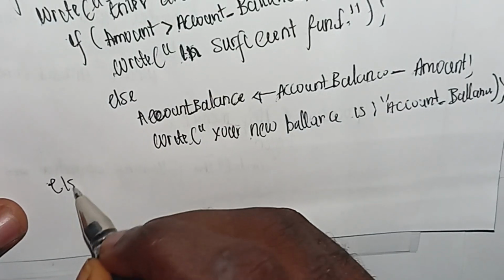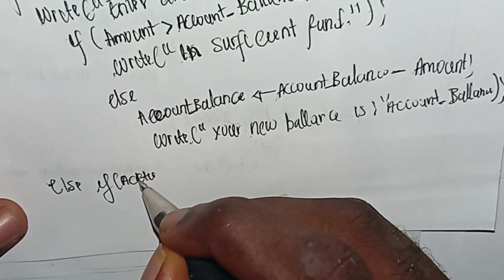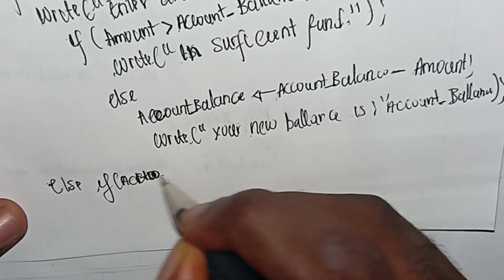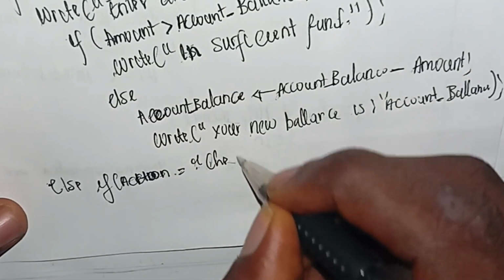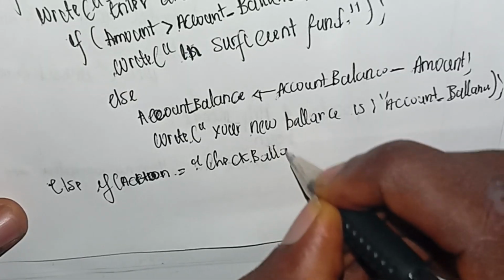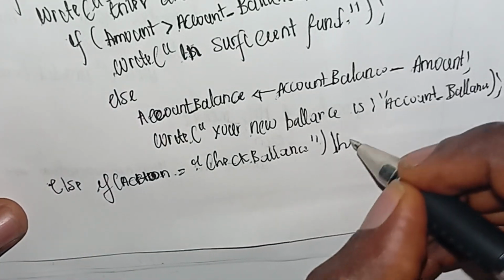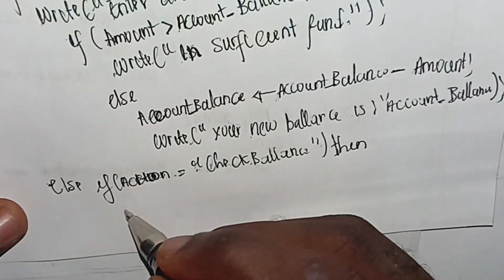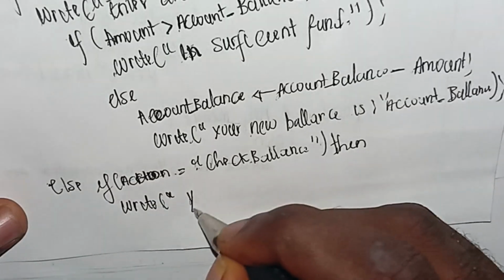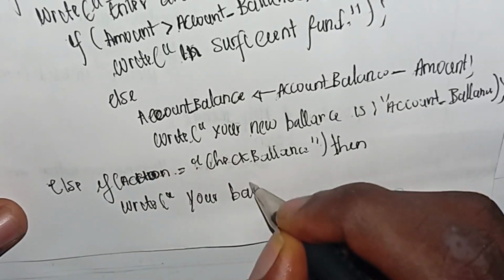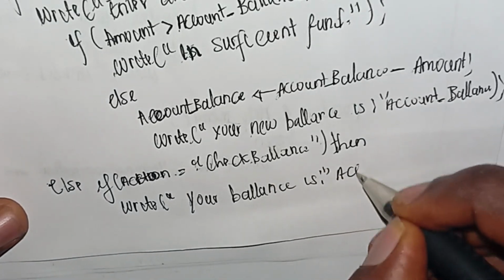So else if action, oh sorry, action equals check balance, then we simply want to display the balance, so we will write your balance is account balance.